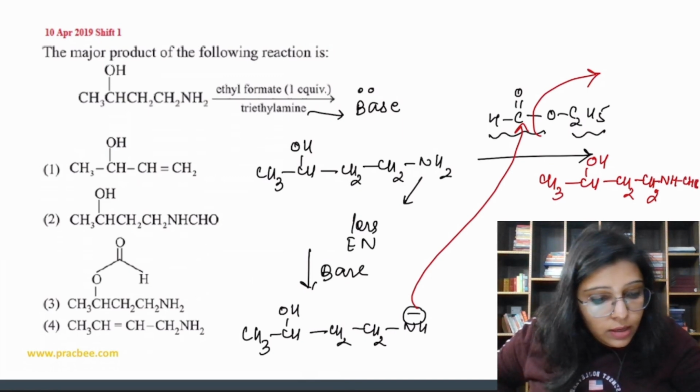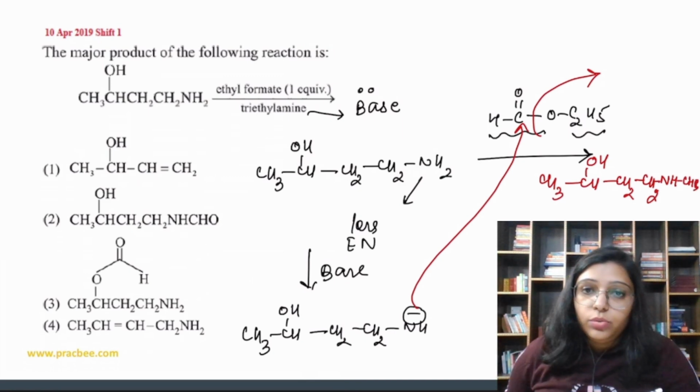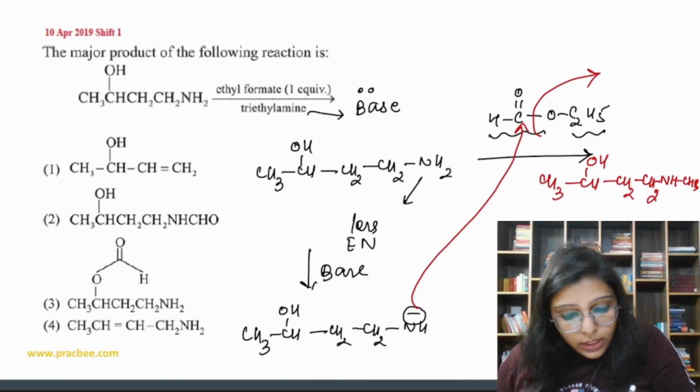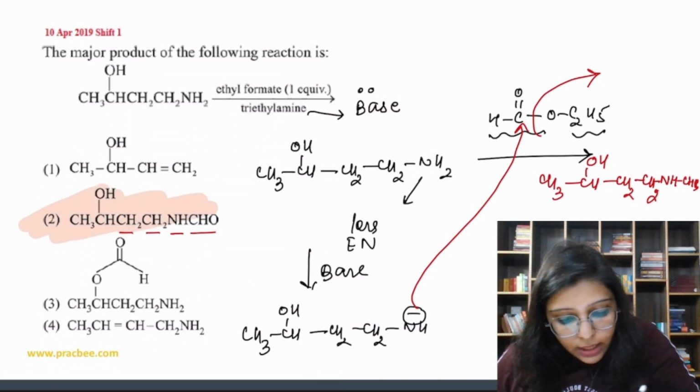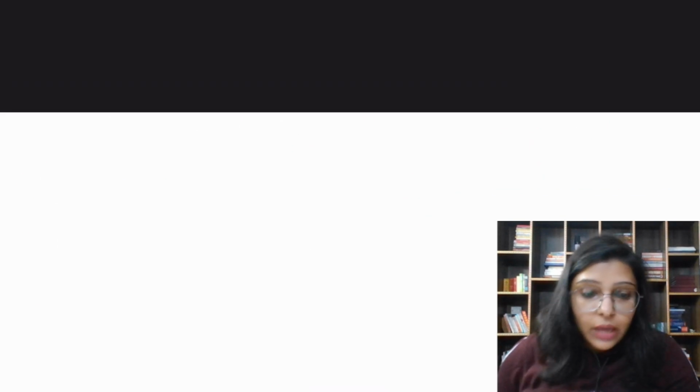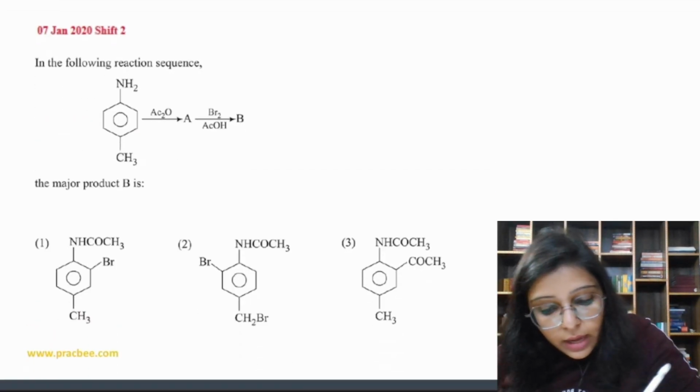Clear? So we have to find that one only. CH2, CH2, NHCHO. So option 2 is the correct answer. Now let's do the next question.